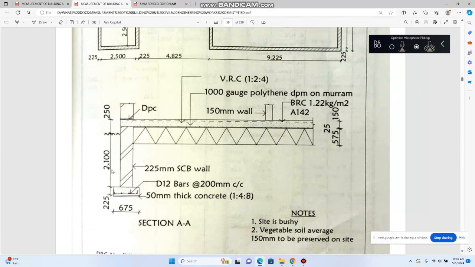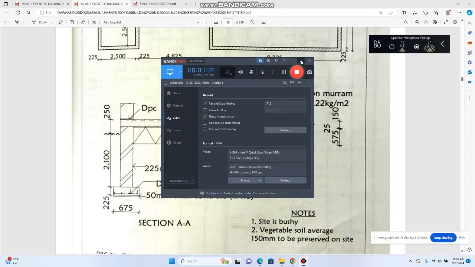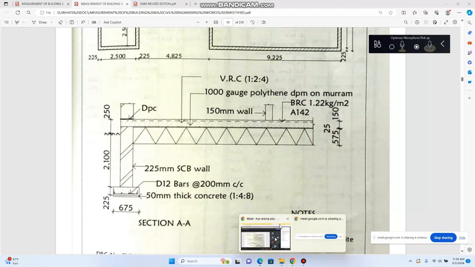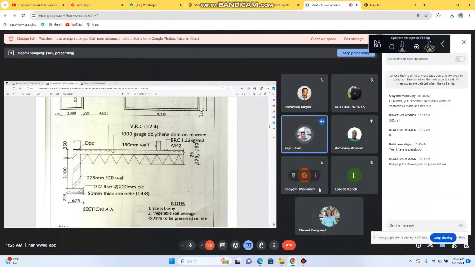Okay, Sajid, I get your question, but we are not yet there. You're asking about the depth of the foundations, right? For now, we are doing the site clearance. For any BOQ, we are taking from the drawing, up to where the dimension is mentioned.